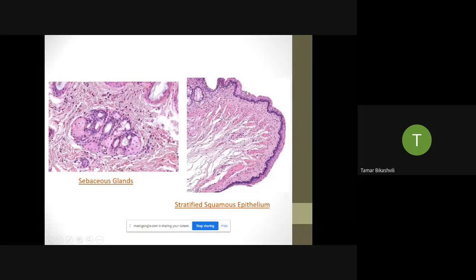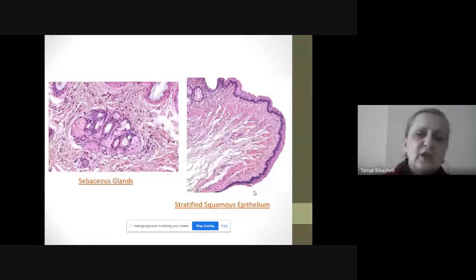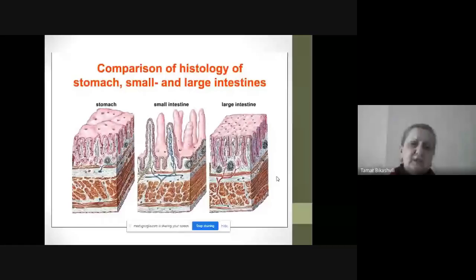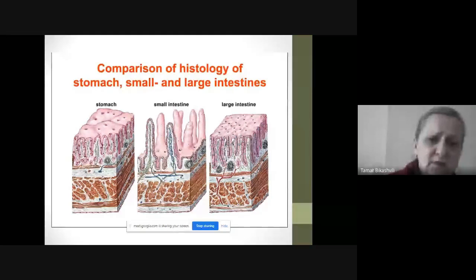So this part, yes, the more distal parts, because here is the stratified squamous epithelium. This is the large slide, so we can compare stomach, small and large intestine.